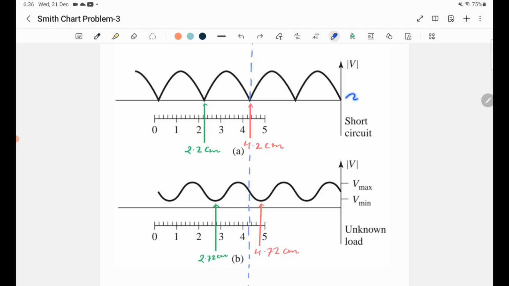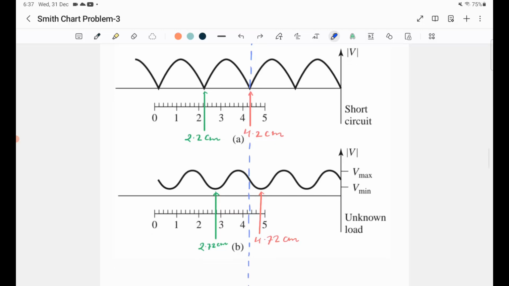But if you shift the position of the short circuit from here to here, then there will be no change in the position of the voltage minimas, because after every lambda by 2 distance the voltage minima is repeating. So we can place the short circuit at this point or this point or at this point. It will not make any difference.